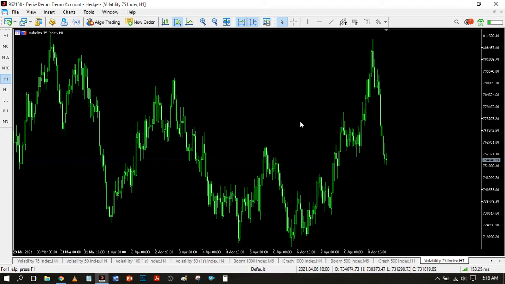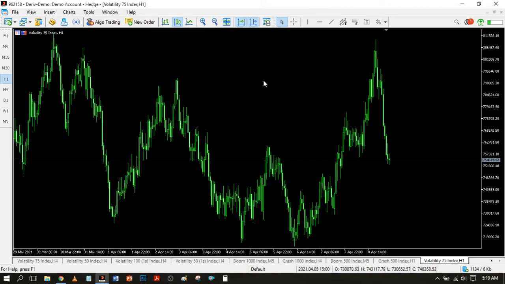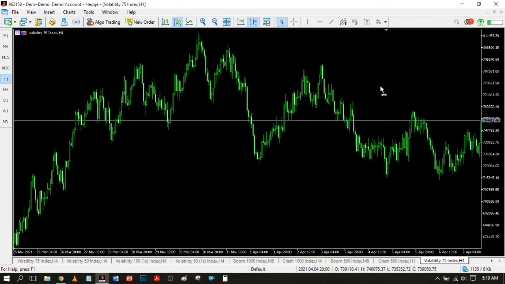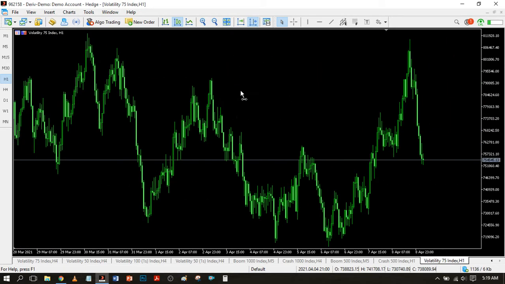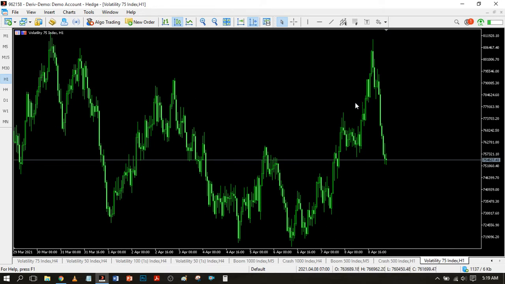Now the Fibonacci can be used in place of support and resistance, because it plots important levels, major levels of support and resistance, where price is expected to reverse or continue, or retest and continue. Where and how you make use of the Fibonacci is what's important. A lot of persons draw the Fibonacci in the wrong way.